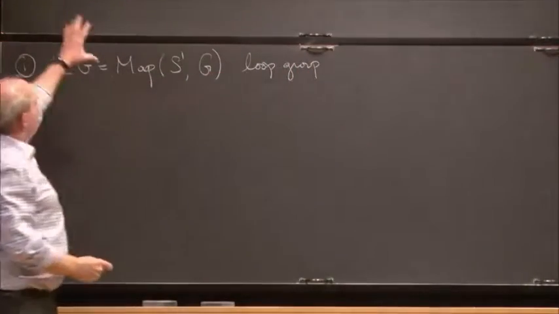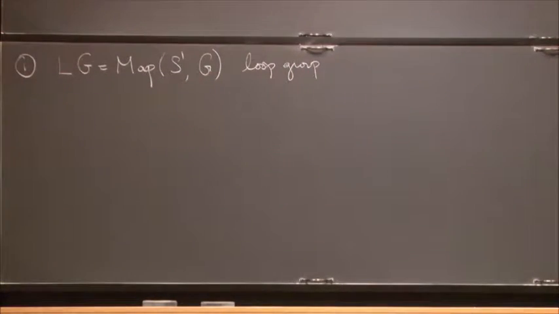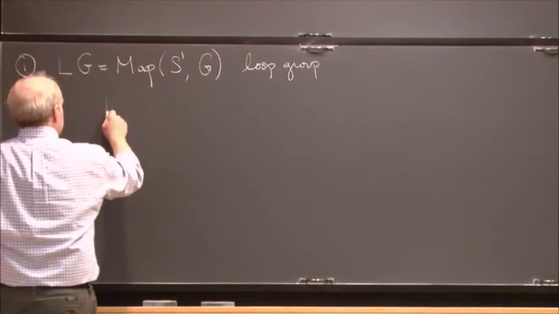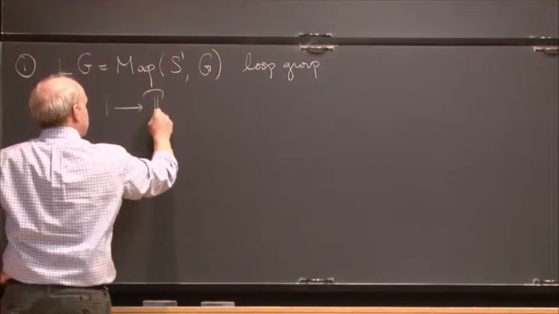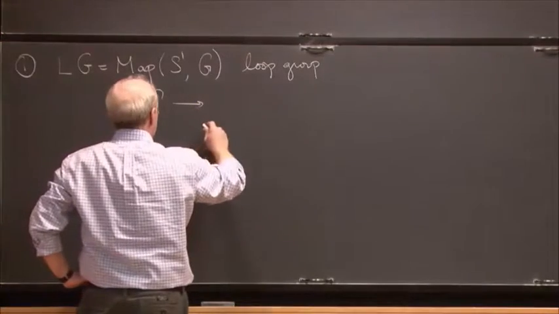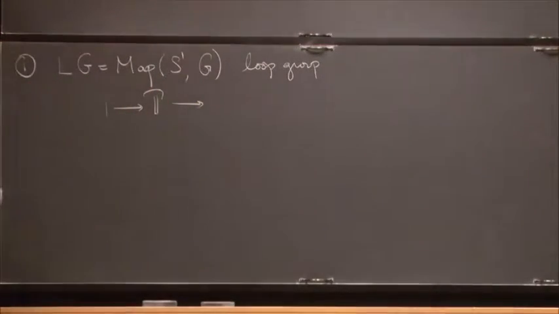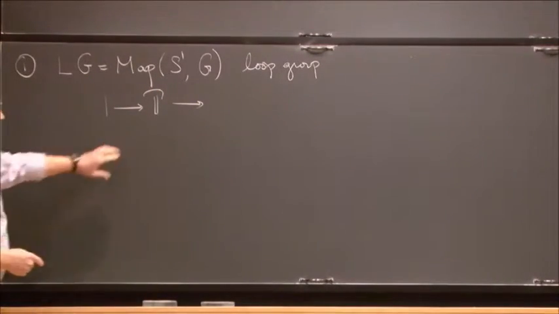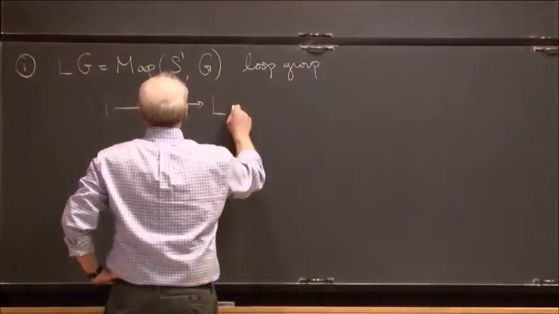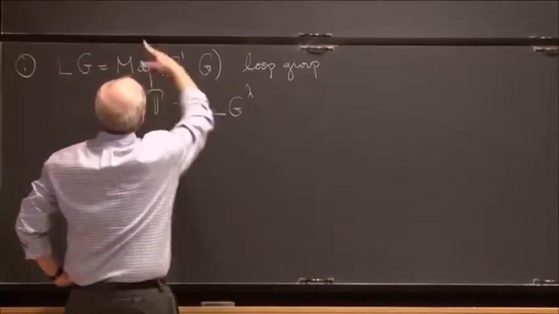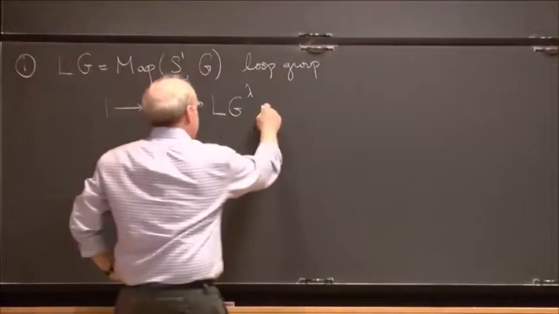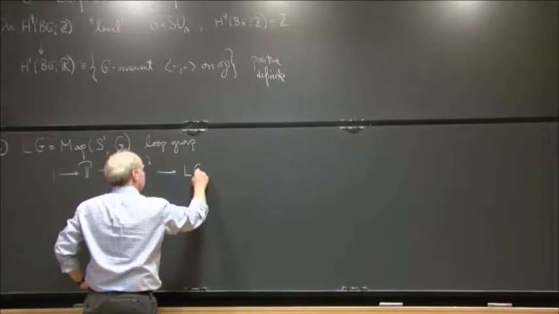And one thing we get from that piece of data is a central extension of this loop group. It's unitary, a central extension by the group of phases, the group of unit norm complex numbers, U(1). So let me just call this LG lambda, using the same lambda symbol everywhere.